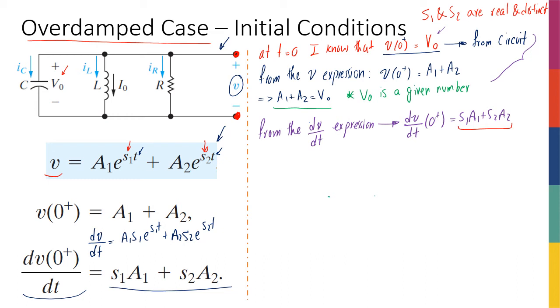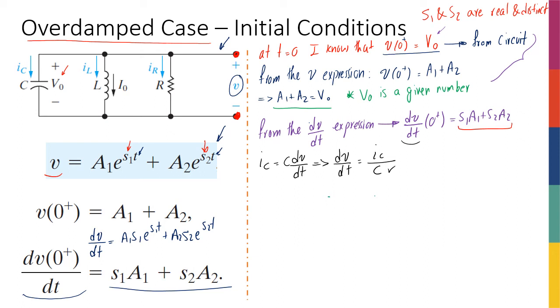If you look at the expression, it's dV over dt. If you think about it, it reminds us of the current of a capacitor. We know that IC is C dV over dt, so I can say that dV over dt is really equal to IC divided by C. C is given.